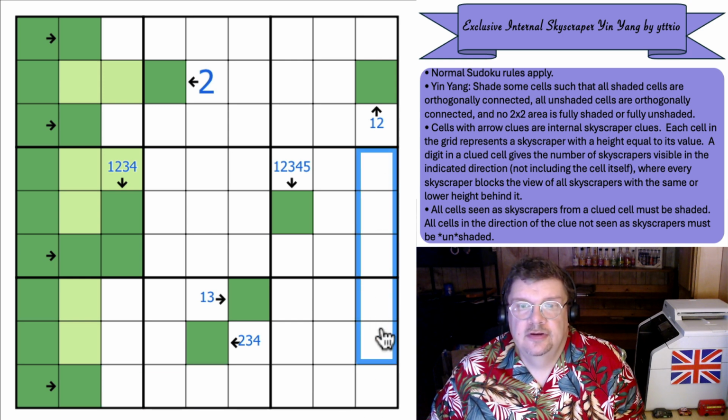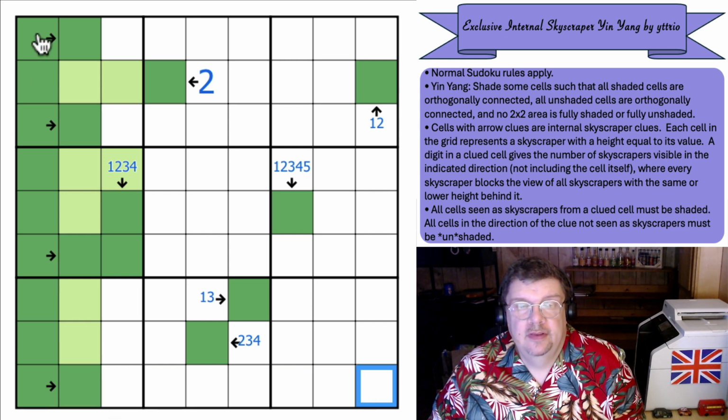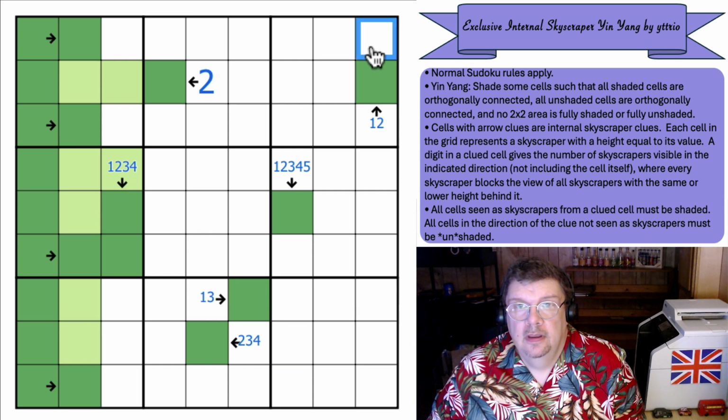If I've got unshading here, but not here, and that one's shaded, which is perfectly fine by the border rule, but that would mean that both of these would be the 8, 1, 2 line. Because if I have unshading here, but I allow that to be shaded, then that will necessarily be shaded, and then those two would both be 8. So I either have some unshading in the bottom row or in the top row.